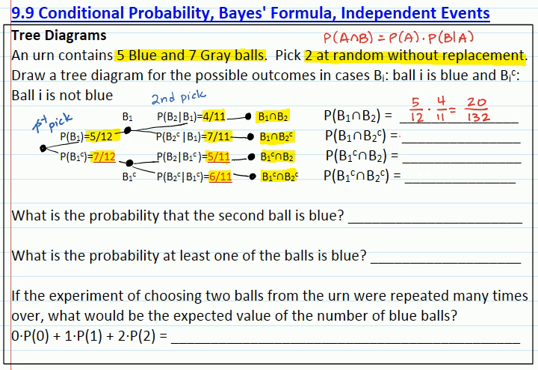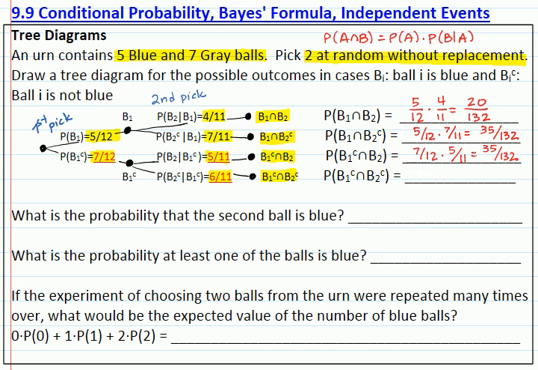The probability B1 and not B2 is 5 out of 12 times 7 out of 11, which is 35 out of 132. The probability B1 not blue and B2 blue is 7 out of 12 times 5 out of 11, which is 35 out of 132.